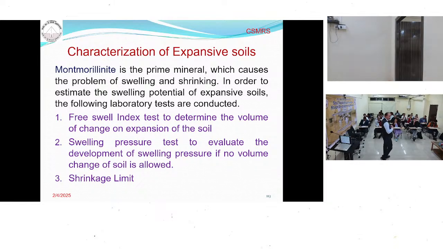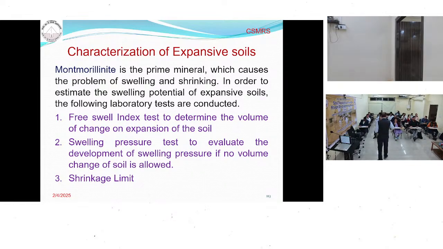So what is the free swell index? Free swell means we are allowing the free swelling of the soil. On that basis we say whether this is swelling soil or not. What we do is take some sample passing through a 425 micron sieve and put it into two glass cylinders. In one cylinder we fill distilled water and in the second cylinder we fill some non-polar liquid, normally kerosene.